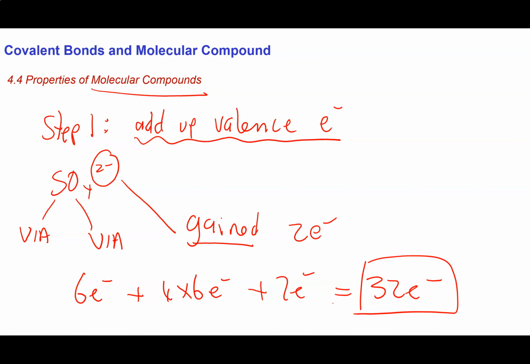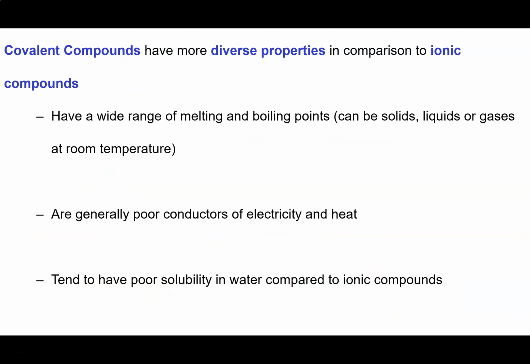So the only thing to be aware of when we're drawing Lewis structures for polyatomic ions is add in electrons equal to the negative charge and subtract electrons equal to the positive charge. Okay, we have one tiny little section left on this video. It's really only going to be, I think, 1 slide. So we'll talk about that now.